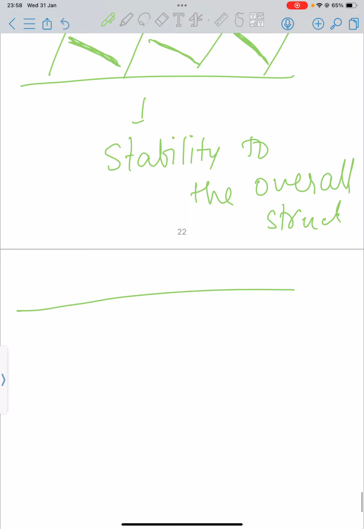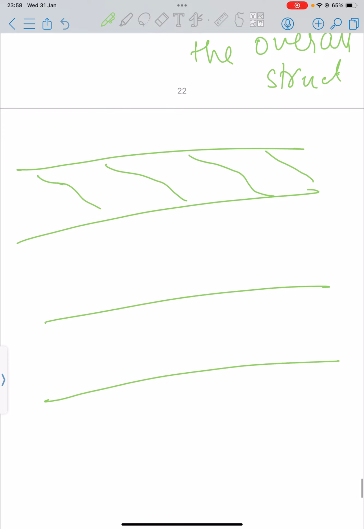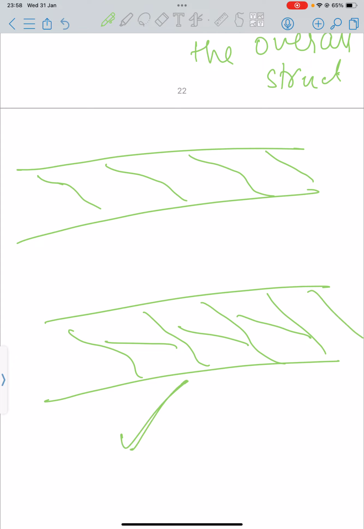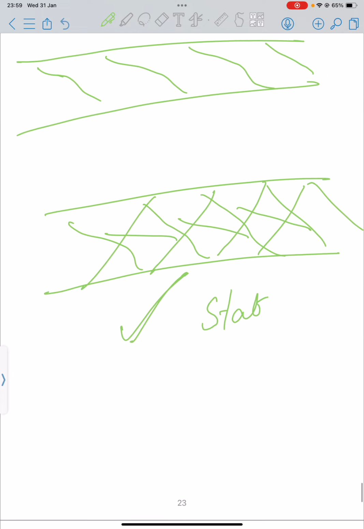Now, if one cell wall was just arranged like this, would it be stable, or would a cell wall which is arranged like this be more stable? Obviously this, because cross links provide stability.